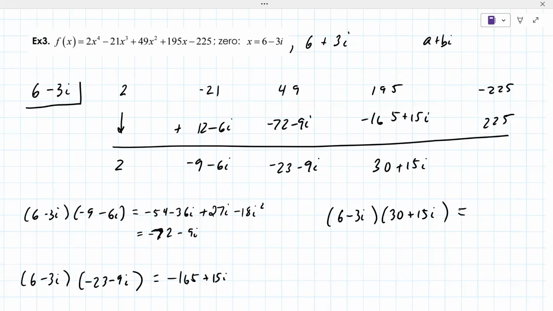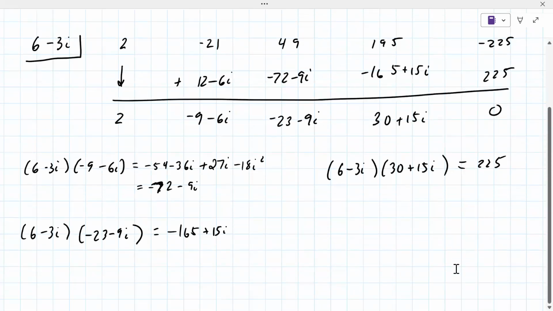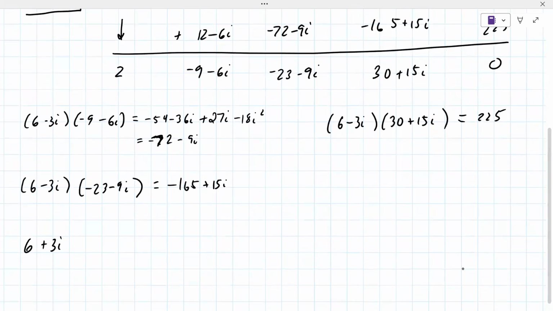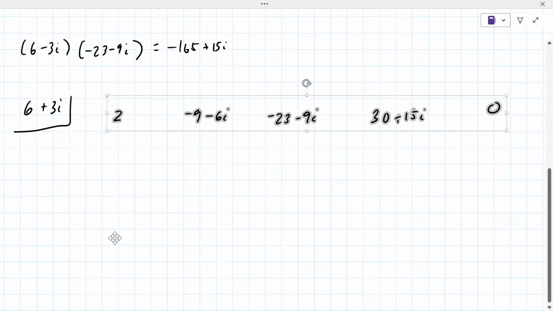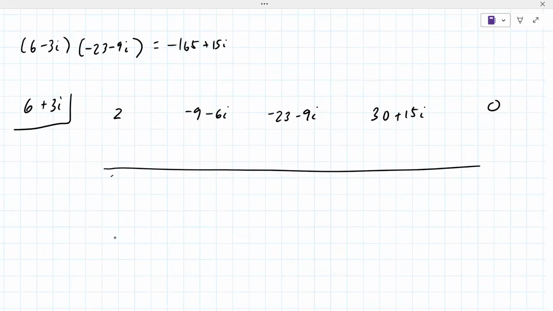Yeah, and that is what we expect to get because that gives you 0 at the end. All right, so the good news is the second one is usually easier, the conjugate pair 6 plus 3i, but you do have to bring down all of these that you worked out, so they have to all be correct as well, which could be a problem. And then you gotta rinse and repeat here.